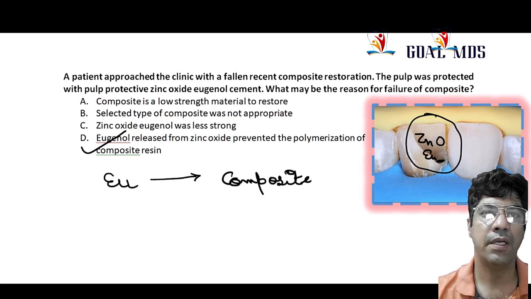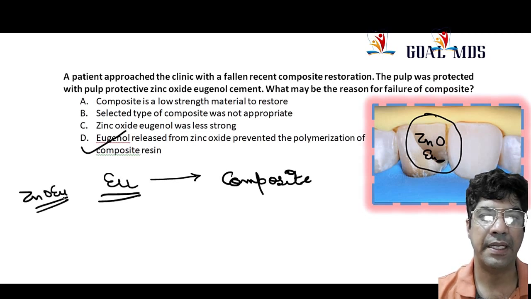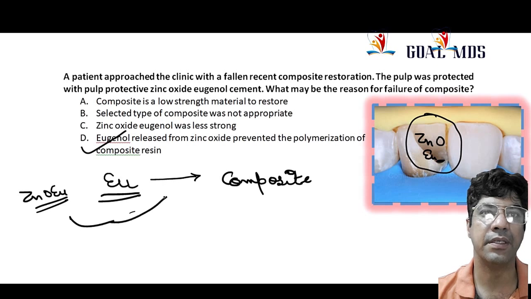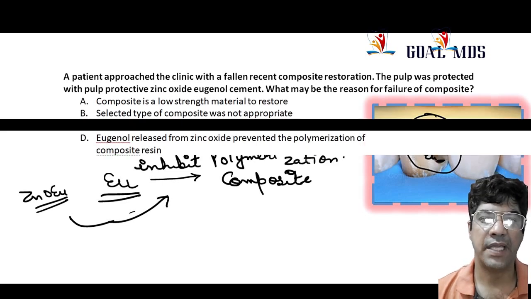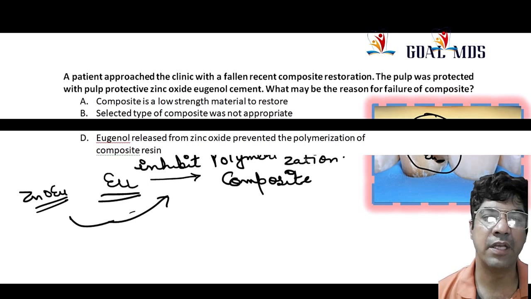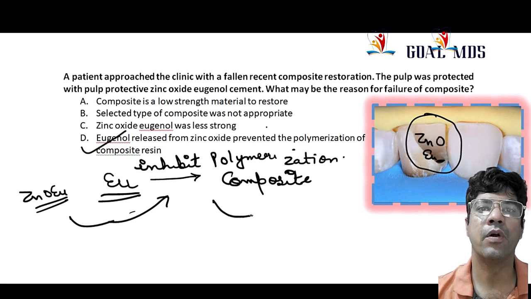Eugenol that is present in the zinc oxide eugenol cement can inhibit the polymerization. So that can result in a weak bond between the composite and the tooth surface, which could cause restoration failure.